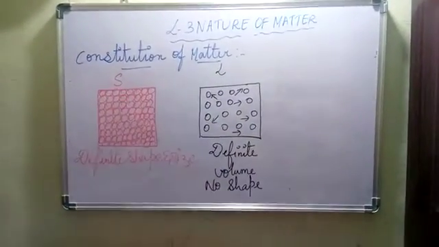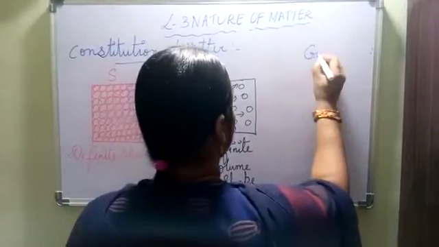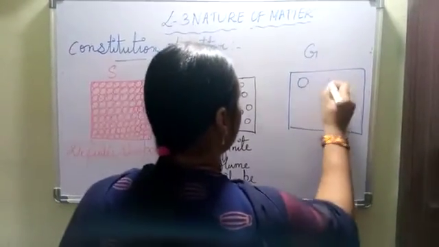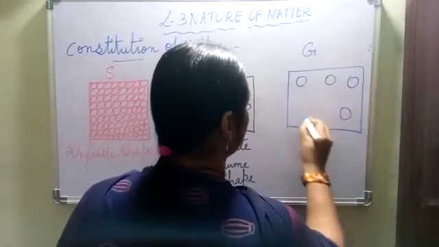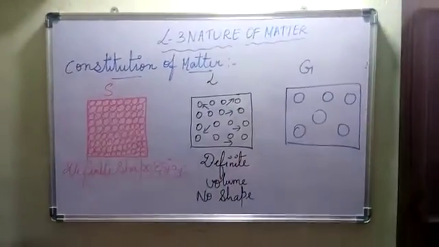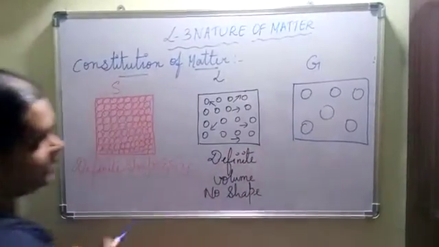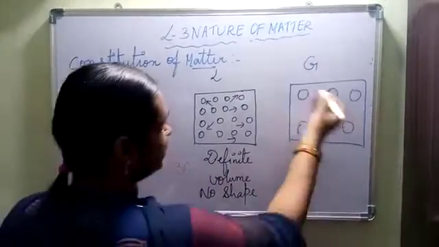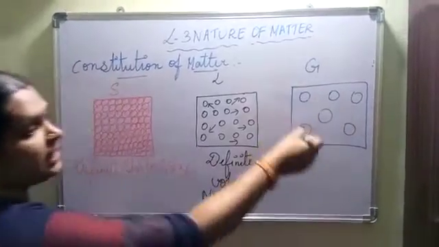Now coming to gases. The particles are very far apart from each other. This is about the arrangement of particles. Since they are far away from each other, they can move freely in any direction.